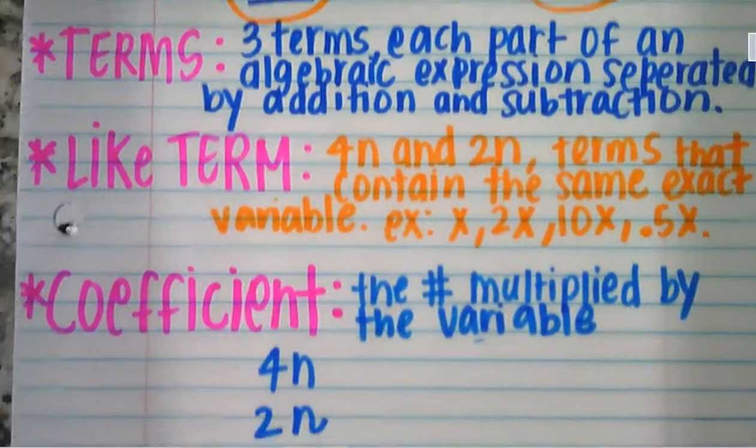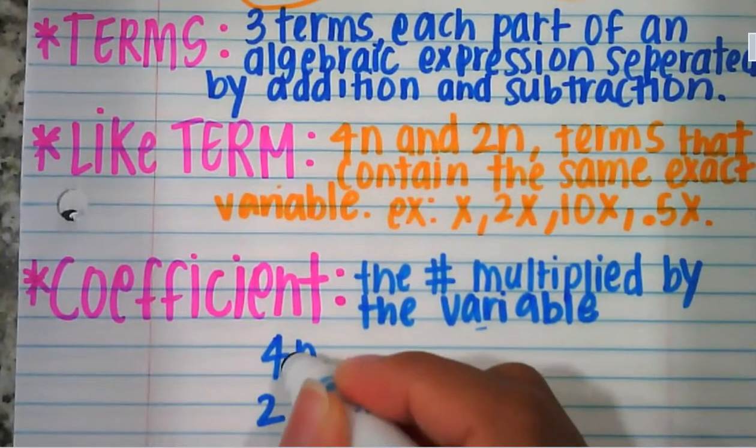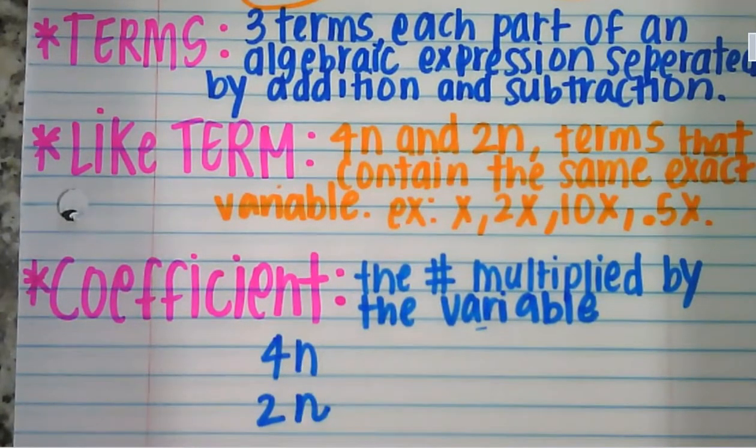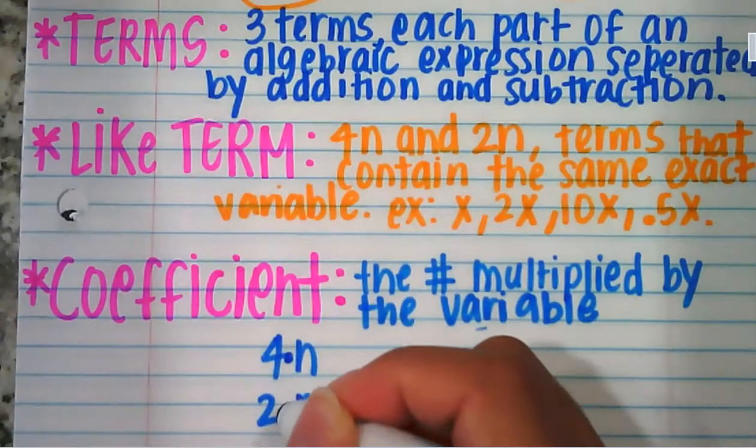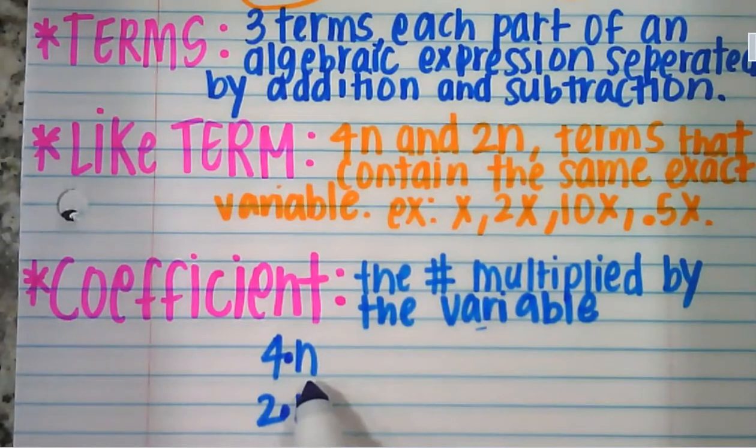And remember what we said about a number being directly next to a variable. That means they are being multiplied. So this is 4 times n, and this is 2 times n.